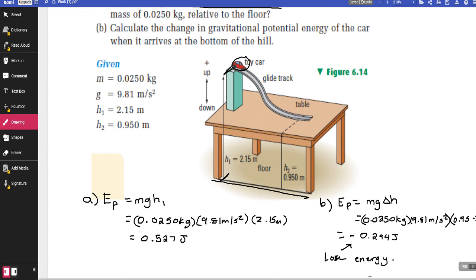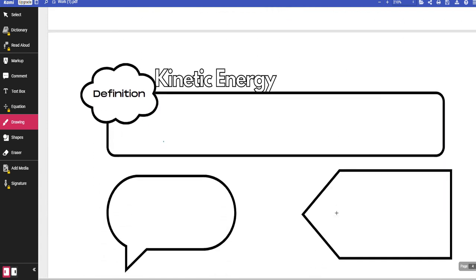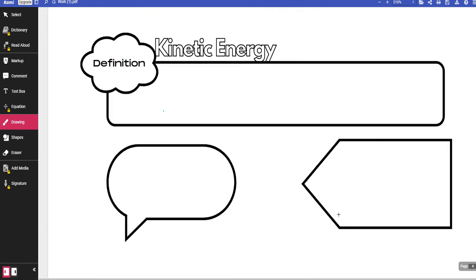Okay, and then I want to talk really quickly about kinetic energy. So kinetic energy is the energy due to the motion of an object.